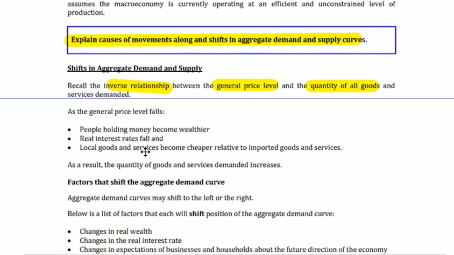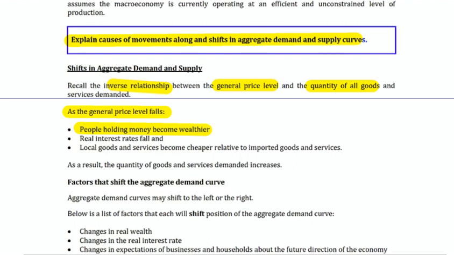What do we know? As the general price level starts to fall, people that are holding money, even though, as we've mentioned many times, the amount of money they are holding doesn't change and their income levels remain constant, inherently become more wealthy.